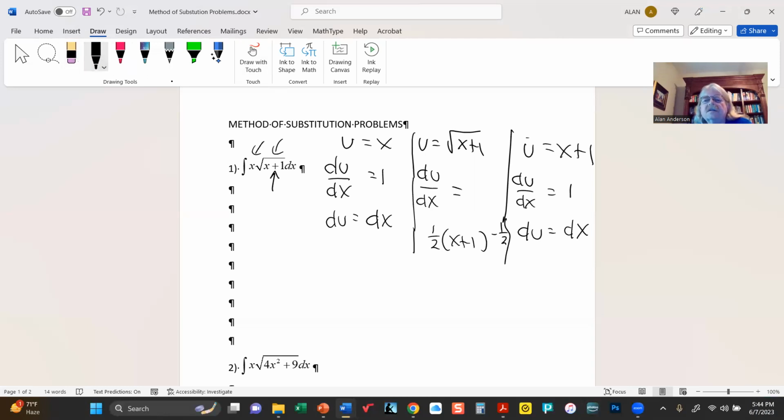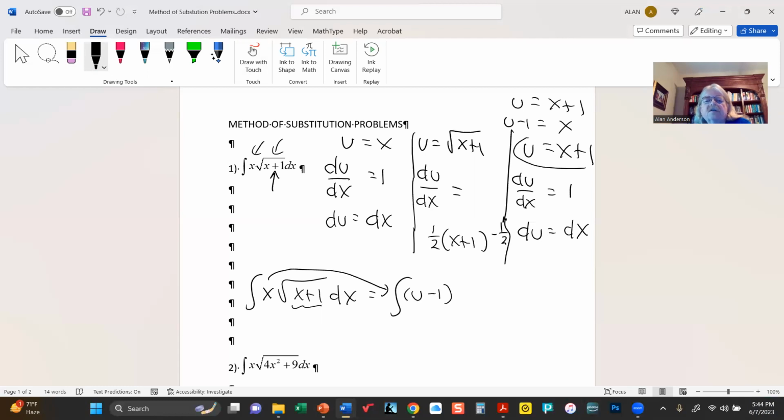If we use this, what do we do about the x? Well, if u equals x plus 1, that implies that u minus 1 equals x. So we can replace the x with u minus 1.